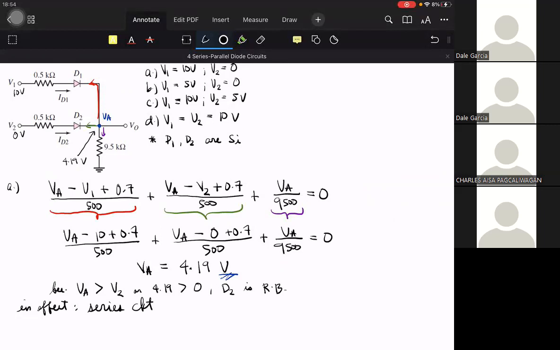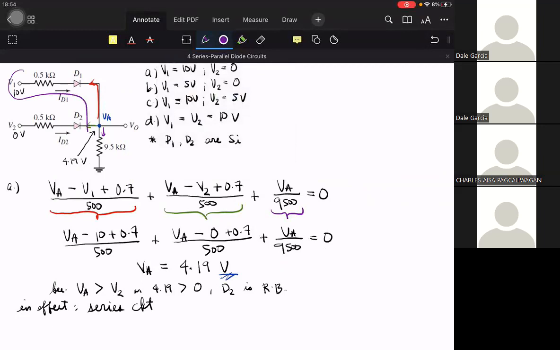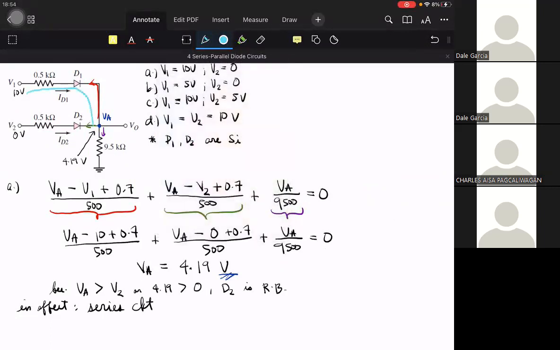Ang assumption na forward bias si D2 is wrong man, because again, VA is greater than V2. So that branch does not exist. So purely series na siya nga circuit. So akong i-recalculate, KVL ta in that direction.